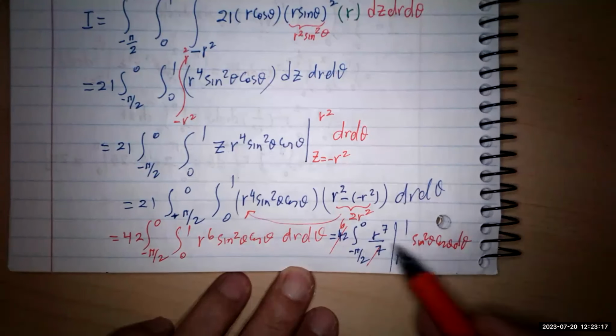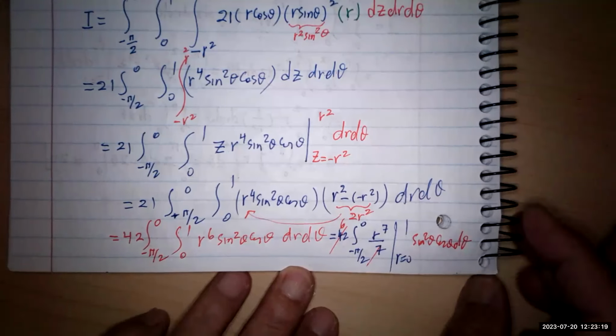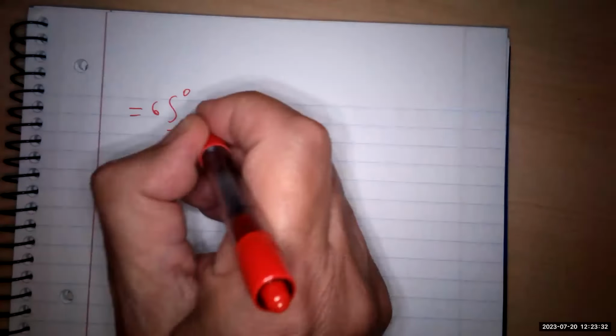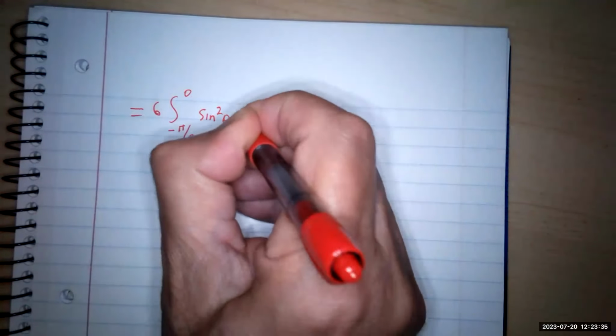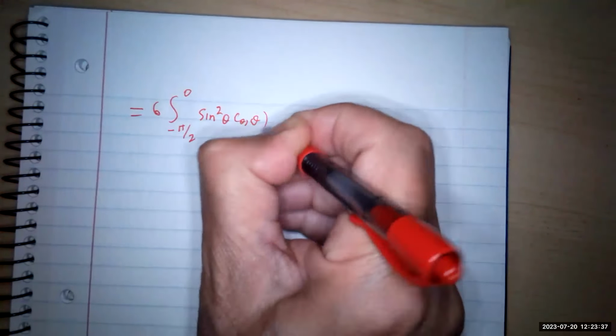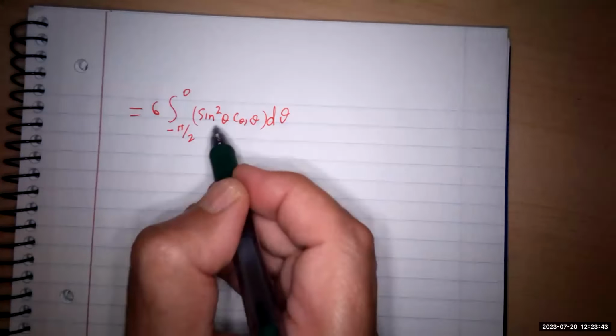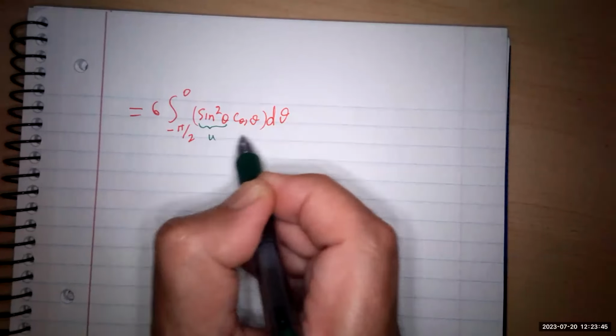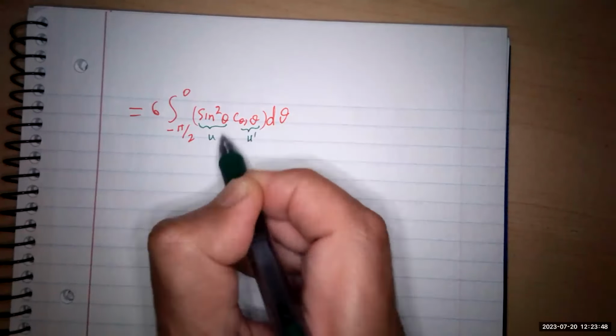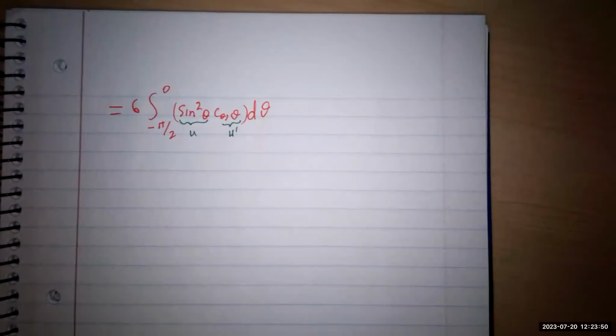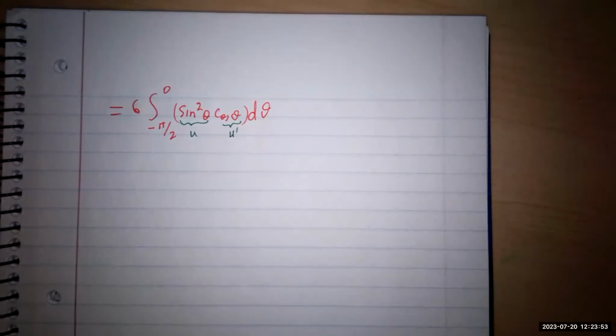So you end up with a 6 integral from negative pi half to 0, nothing else but sine square of theta, cosine of theta, d theta, which is easy to integrate because if you call this one u, u prime is already there. So it's like u squared, it's going to be u cubed over 3.